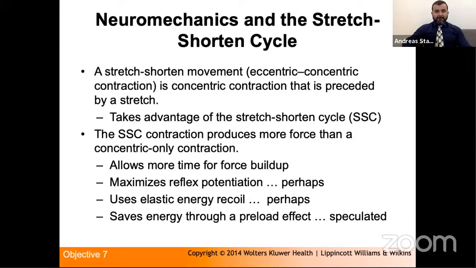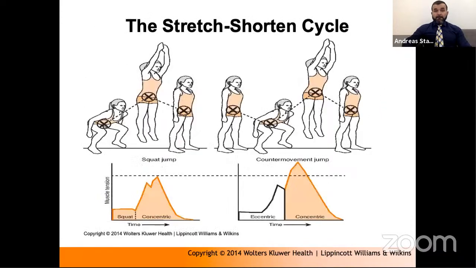In the SSC, we have more time for force build-up, maximized reflex potentiation, use of elastic energy recall, and saved energy through preload. We've talked about this before. You see somebody before preloading and after preloading, how they can produce more muscle tension.